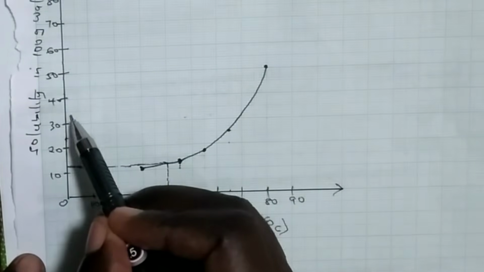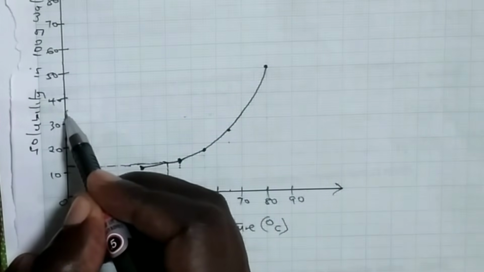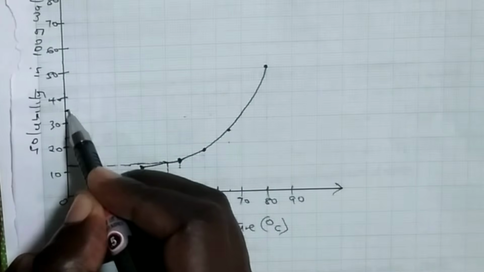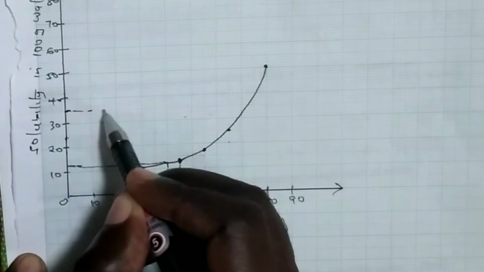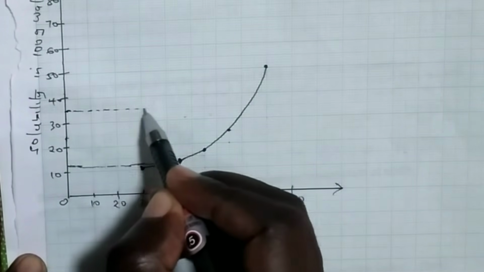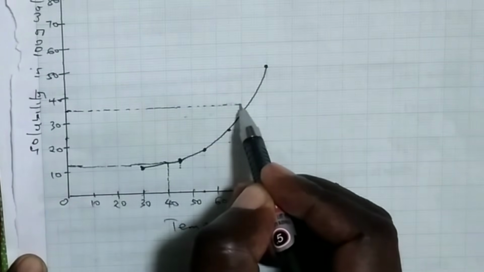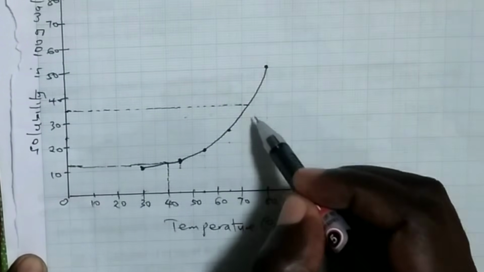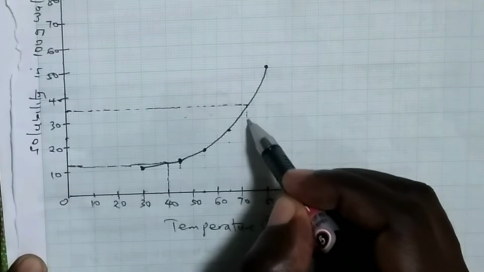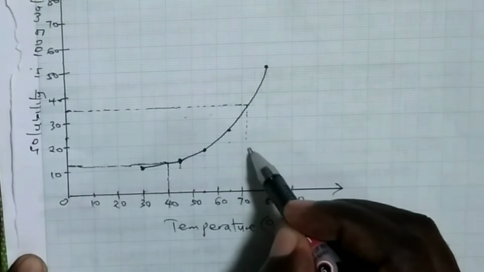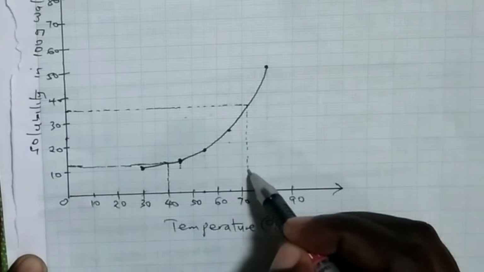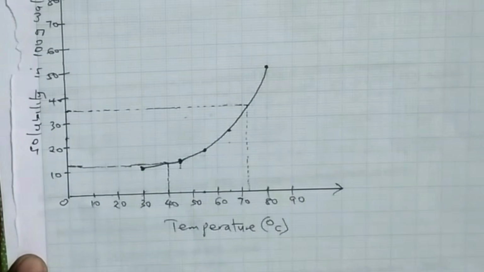We have 35 grams. At 35 grams, you draw a broken line to show how you are going to pick your answer here. This is what we have. Then you come down like this.